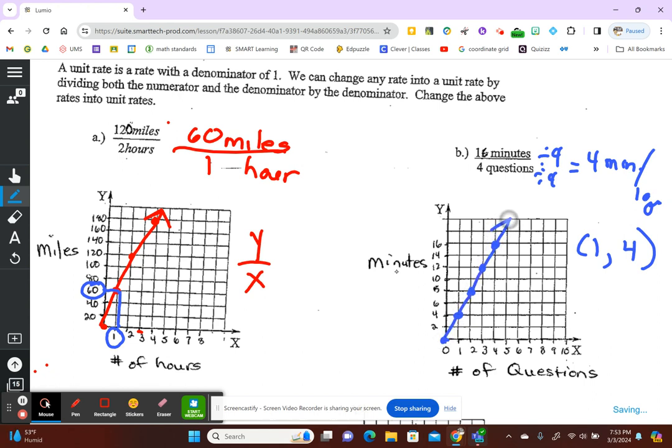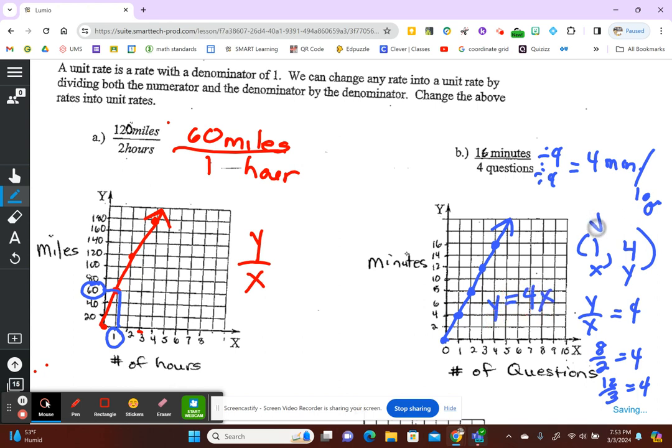Now notice, if I take all of these points, other than 0, 0, 1, 4, x, y. If I put y over x, it equals 4. If I put 8 over 2, it equals 4. If I put 12 over 3, it equals 4. So this equation would be y equals 4x.